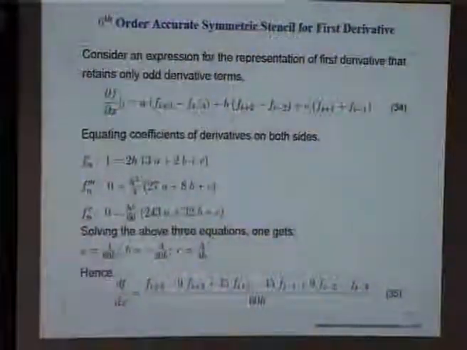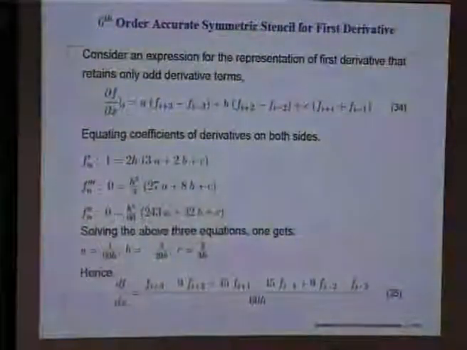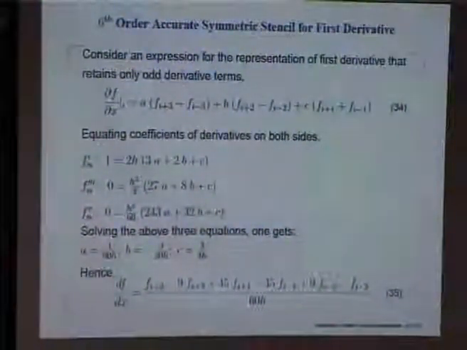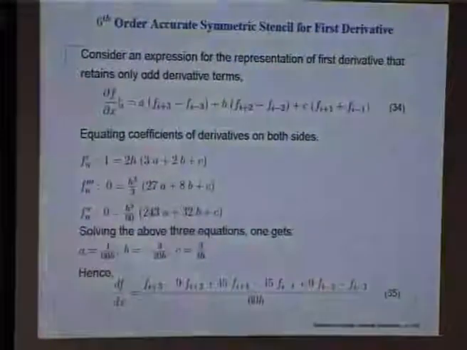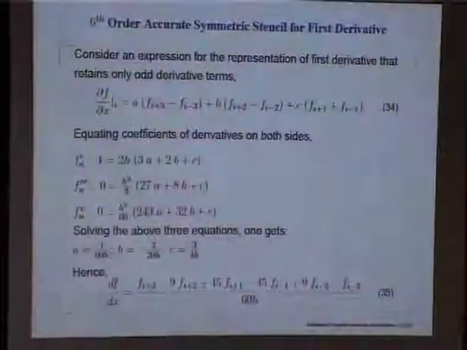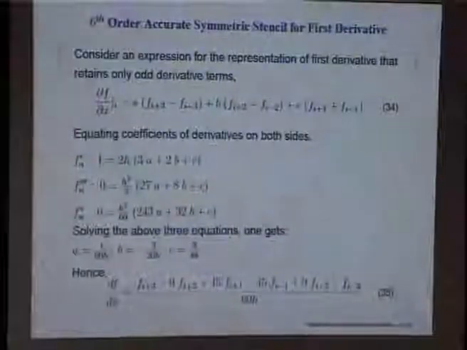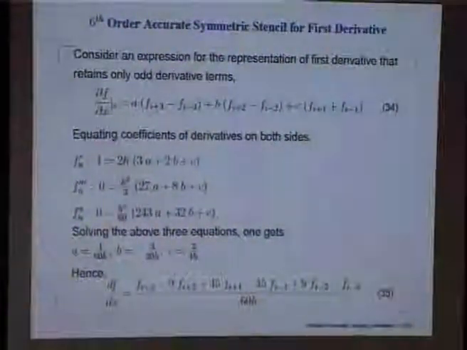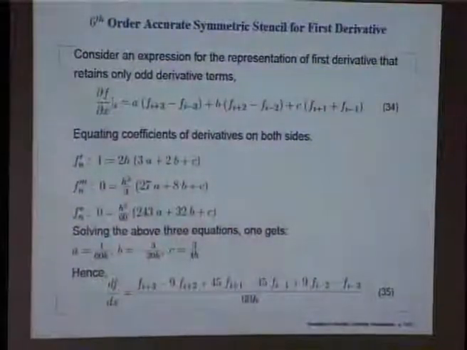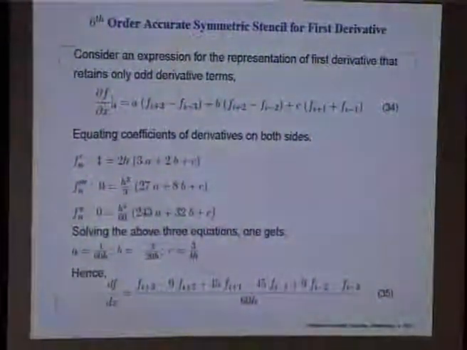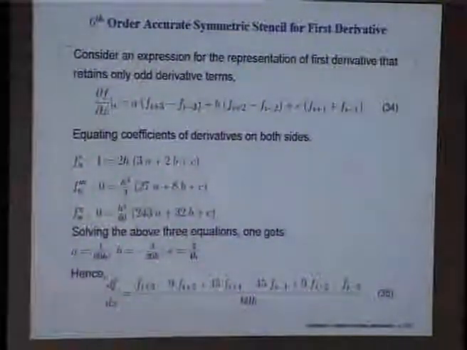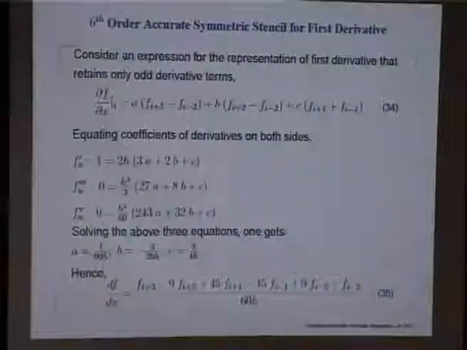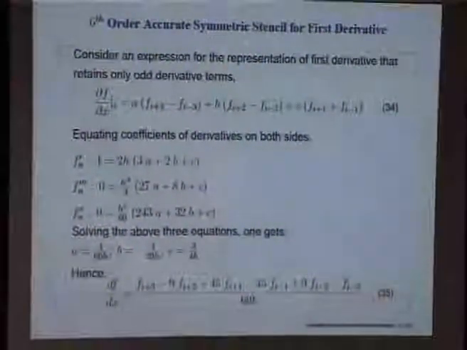And the higher derivatives, of course, they will be 0, there is nothing on this side. So, the third derivative is 0, whereas the right hand side gives me this. So, what is this? This is 3 cube, this is 2 cube, this is 1 cube, and this one is 3 to the power 5, 2 to the power 5, 1 to the power 5. So, you can see a very neat order there, and we are trying to fix these 3 unknown coefficients a, b and c.